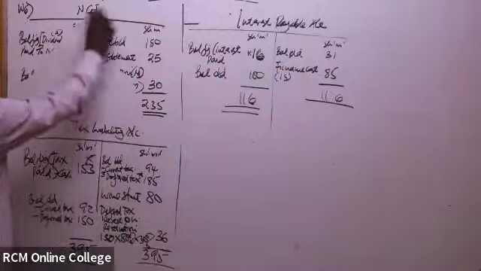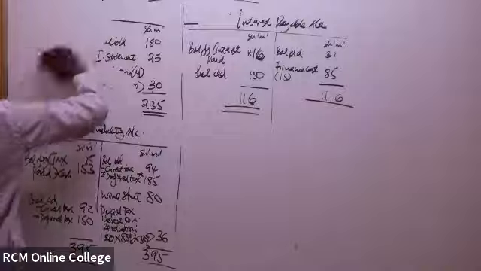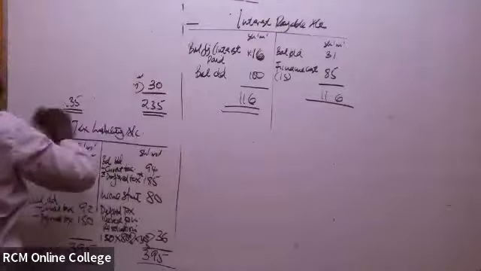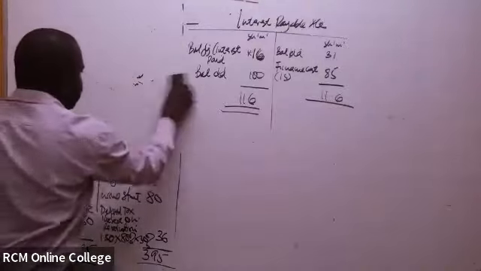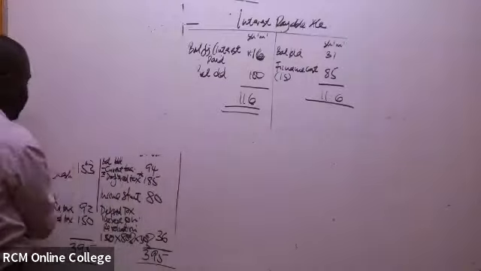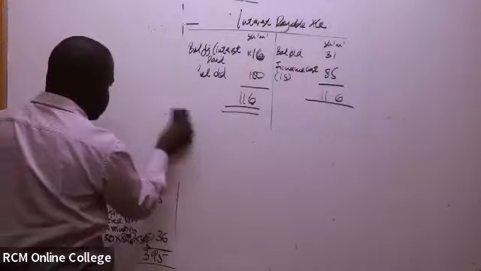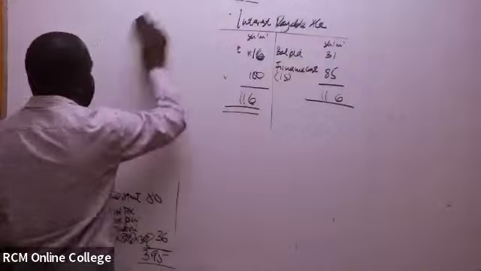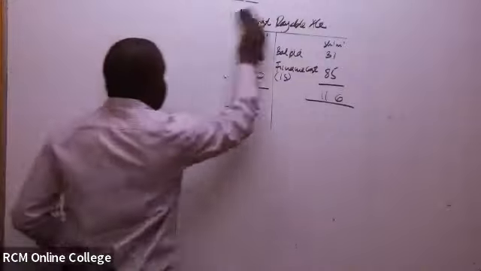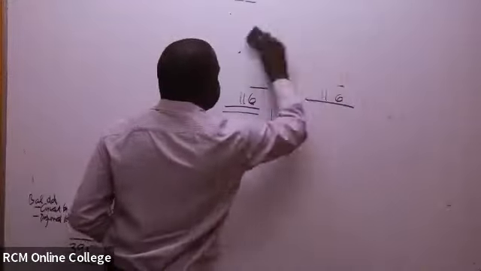So we can now prepare the statement of cash flow by listing the operating activities, listing the investing activities, and also listing the financing activities.